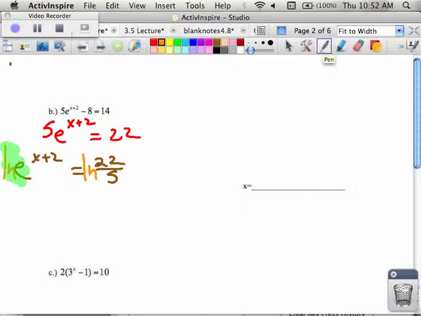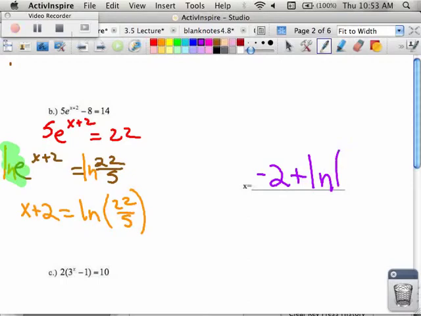So now I have x plus 2 equals the natural log of, and I like to put parentheses, it's not necessary, 22 fifths. I guess the way I would write that in my final answer would be negative 2 plus the natural log of 22 fifths.